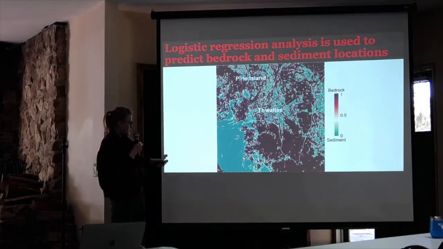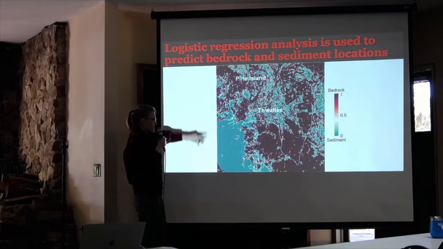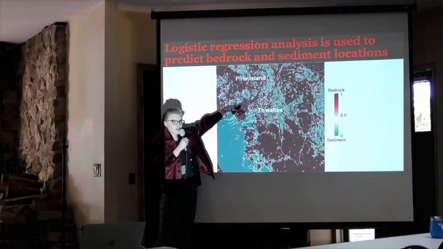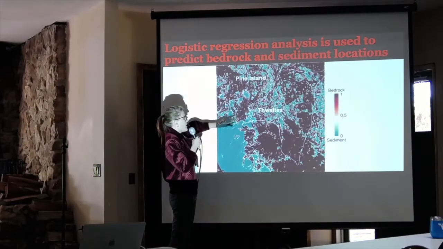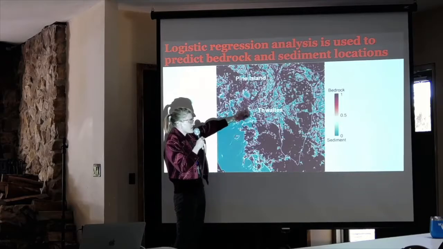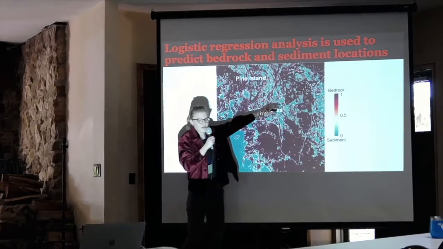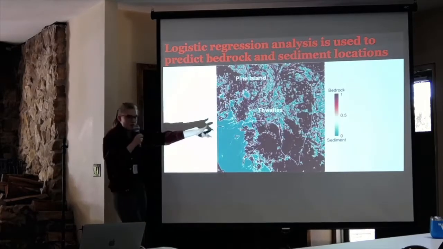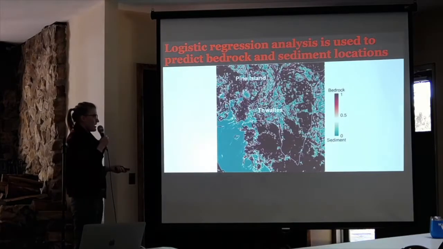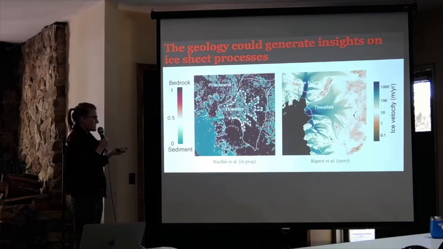And as we get closer to the grounding line, things get a little more interesting. We see the sediment to bedrock transition that we already knew about. Thwaites Glacier here is a little more bedrock towards the grounding line. And as you get into the main trough, there's a predominantly sediment floor. And this is interesting because it matches quite well with ice velocity in the main trough.